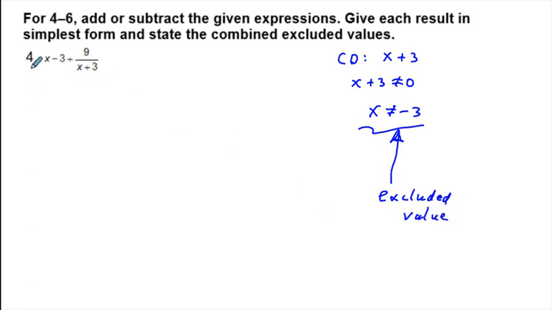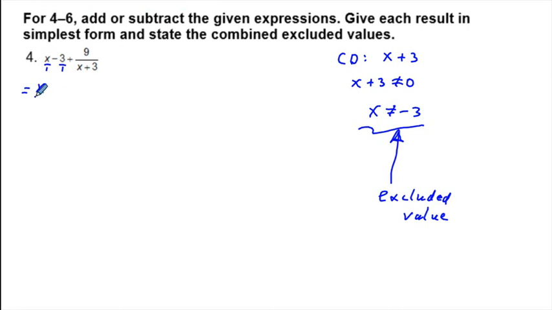Okay, now to work on this expression here, I had a lot of students who would just take this x minus 3 and put that all over 1 and use that. What I prefer to do instead is to take each term separately. So I'm going to take this x, and that's going to be x over 1. All these are over 1.